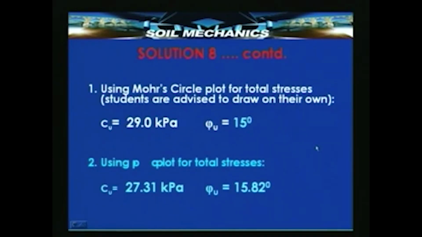A slight difference is always permissible because they are both graphical procedures, but by and large the PQ plot is preferred these days because a straight line can be plotted more reliably than a Mohr circle and a common tangent. And going by that statement, we can say that the values of Cu and phi u which we have observed from the PQ plot may be taken as the appropriate values for this particular soil.